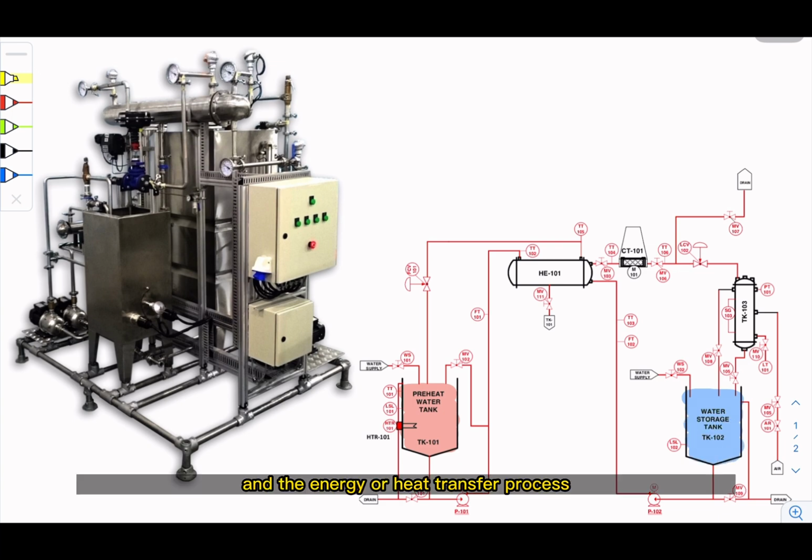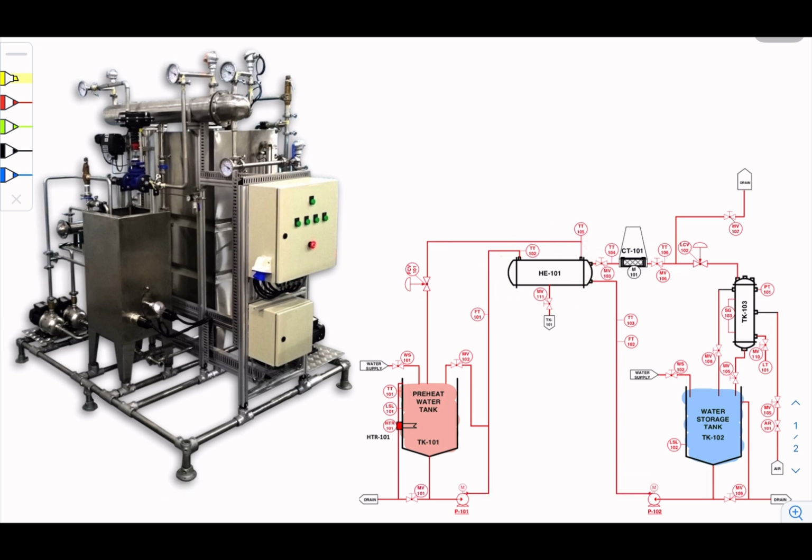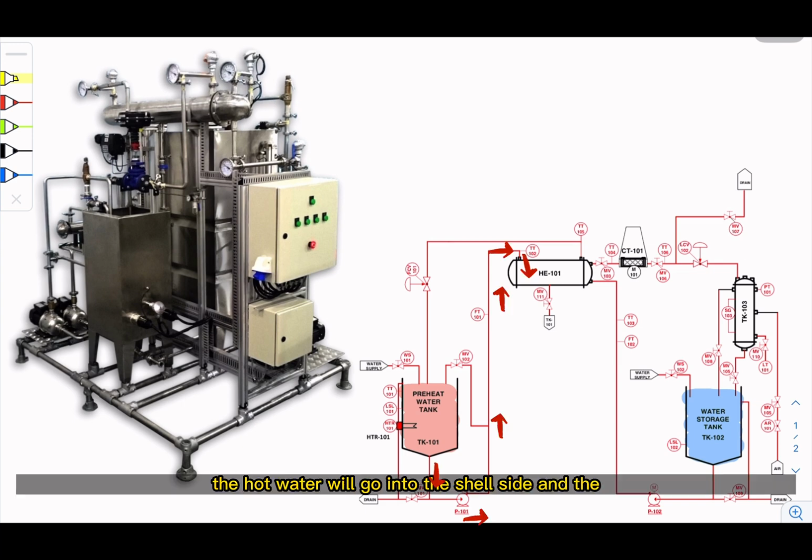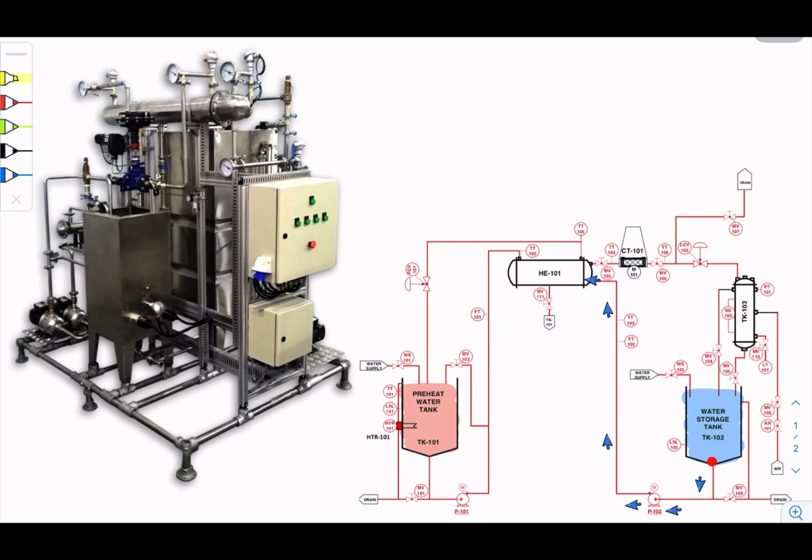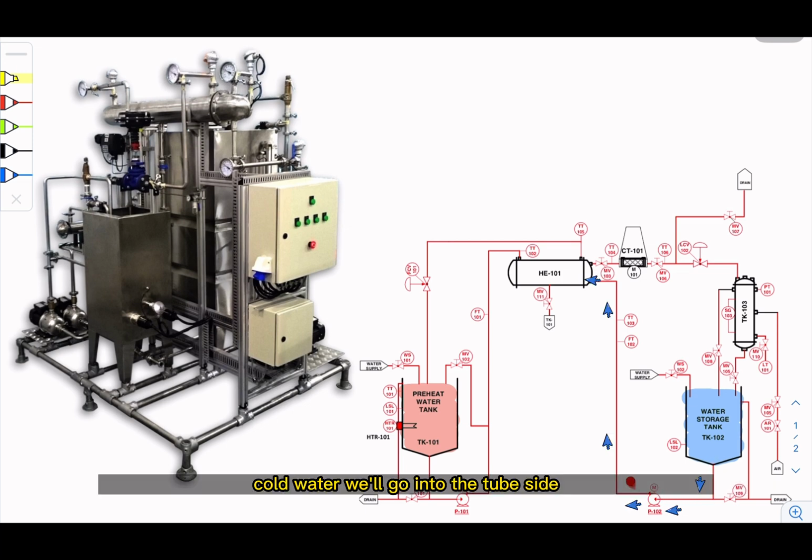The energy or heat transfer process is done in the heat exchanger, whereby the hot water will go into the shell side and the cool water will go into the tube side. We've done the hot water line.